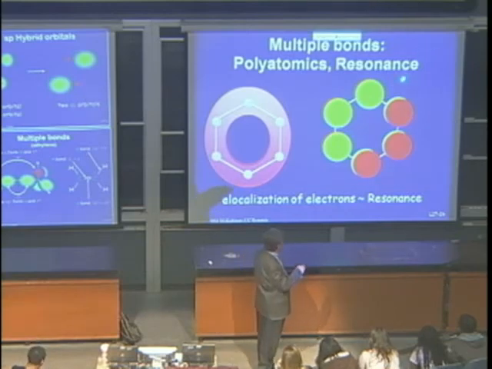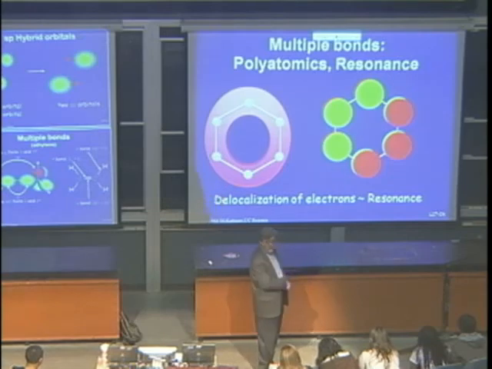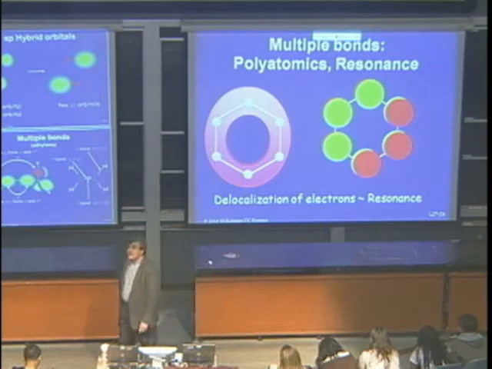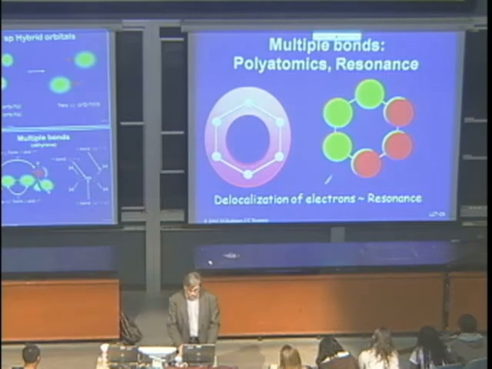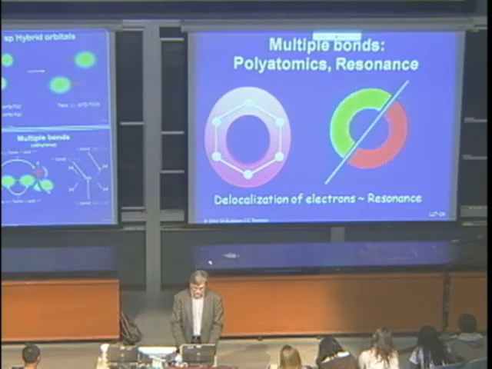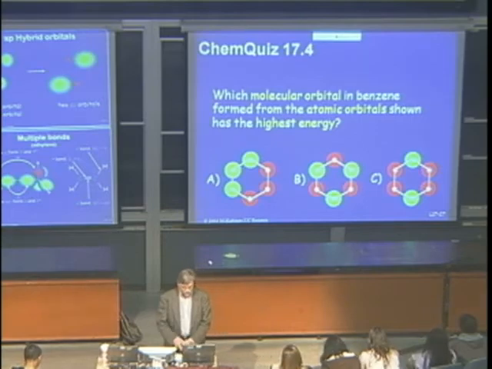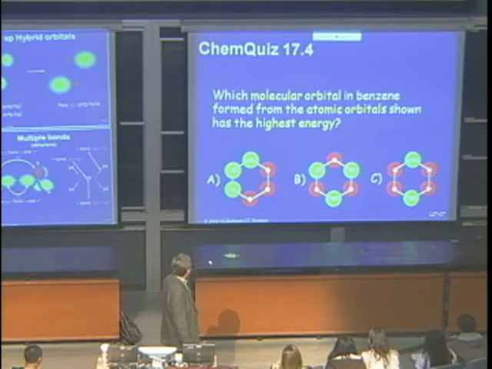So then you would have here a nodal plane. So that would be an energetic situation different from what I have shown you before. There's the nodal plane, and it's also delocalized, one constructive, one destructive, actually both constructive.